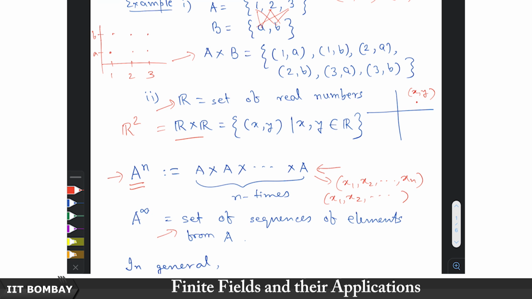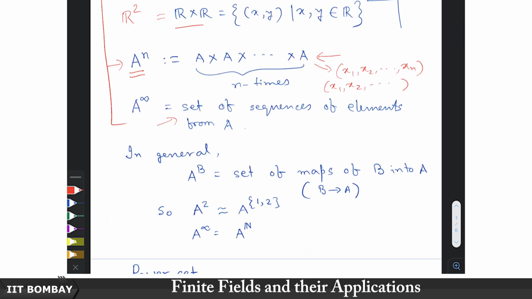Now, there is a further generalization of this notion as A power B, where B is also a set, it is not a number, right. So, what does it mean when you say A power B?